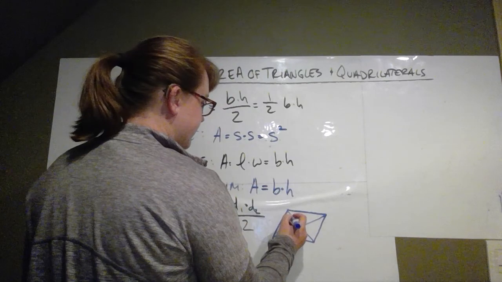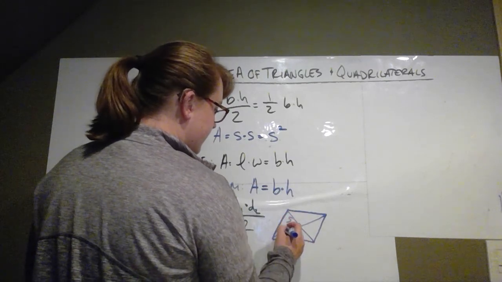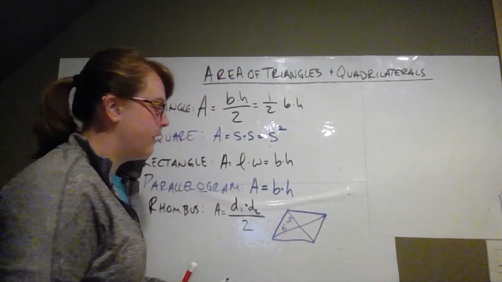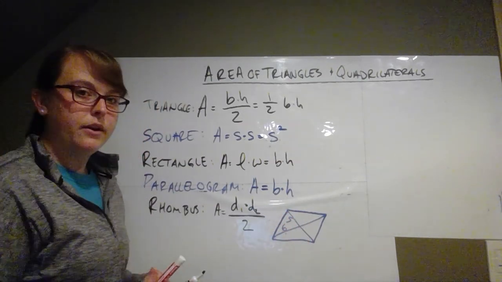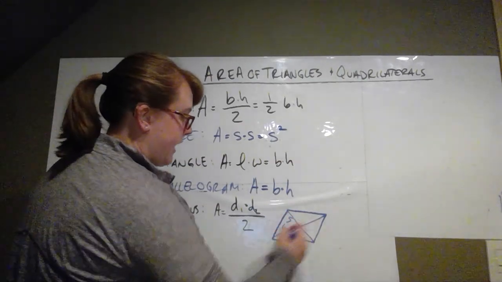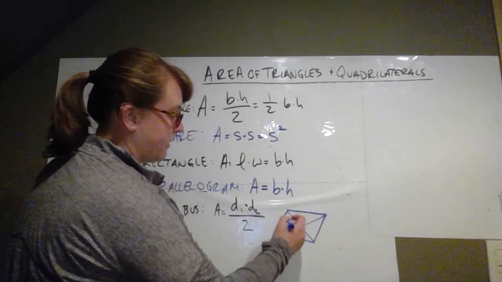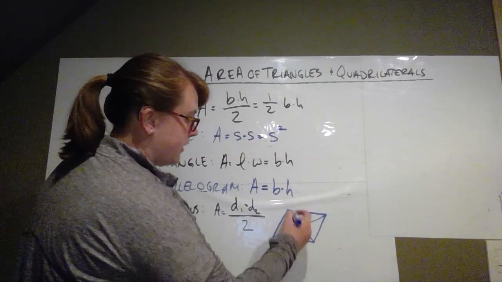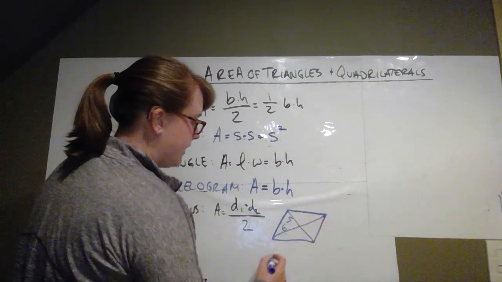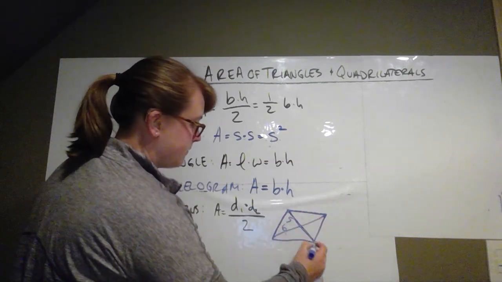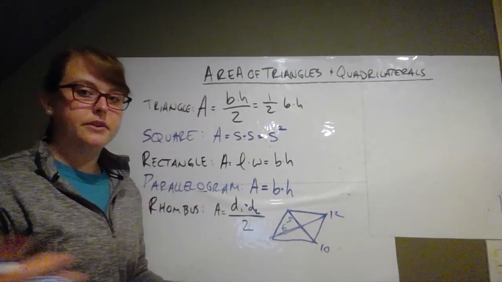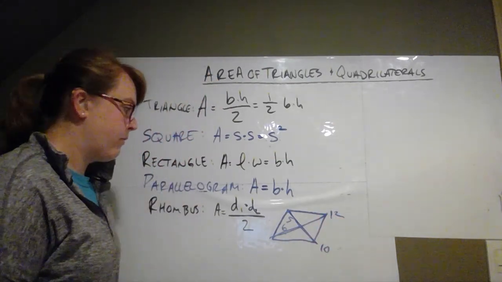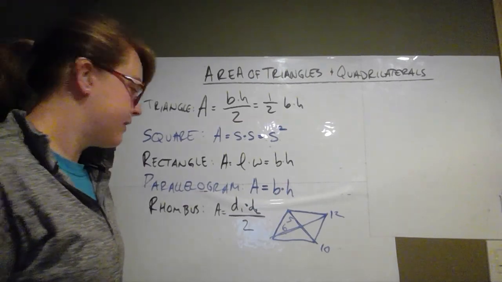Let's say they gave us 5 and 6 or something instead for this length and this length. Well, then we know that this diagonal is twice this number, this diagonal is twice this number. So this diagonal is really 10 for this whole thing. And this diagonal is really 12 for this whole thing. So then we just carry on from there. But we want to remember that property about a rhombus.